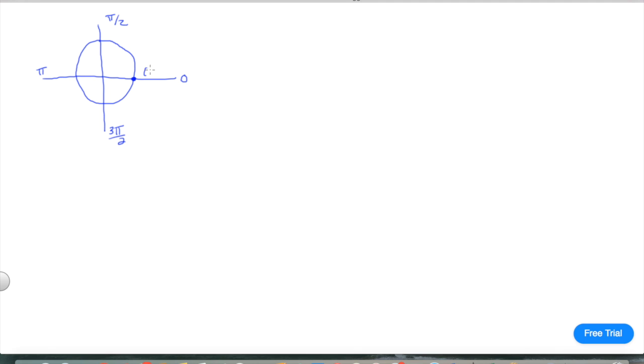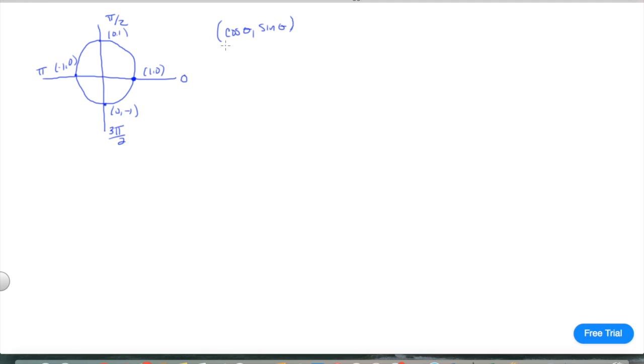And then those associated points. And then remember that each ordered pair is cosine theta, sine theta.